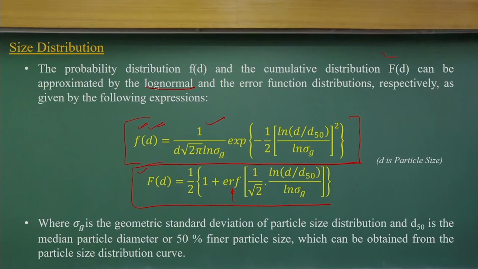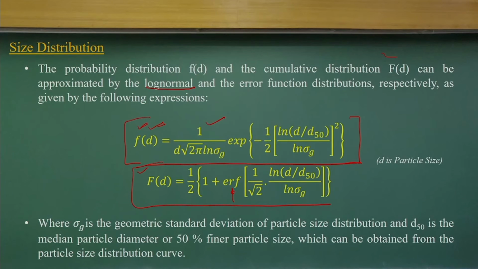I encourage all of you to use MATLAB or Mathematica to draw different D50 and sigma g values and plot the normal distribution curve followed by the cumulative distribution curve. Sigma g here is defined as the geometric standard deviation. It's not the standard deviation; it's the geometric standard deviation of the particle size distribution.